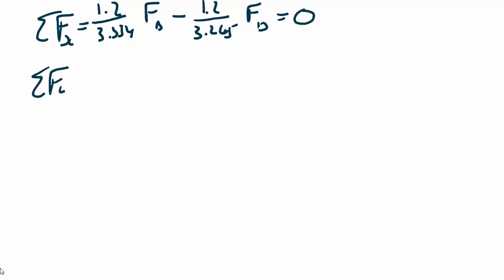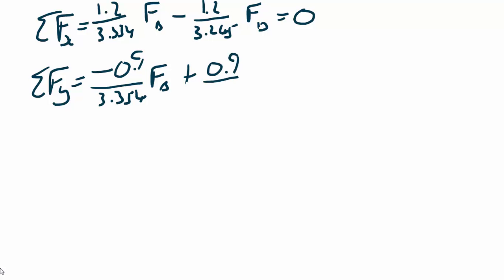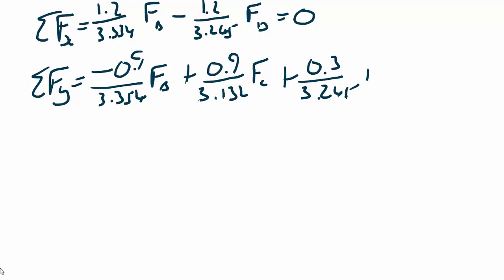In the y direction, we're going to have minus 0.9 over 3.354 FB plus 0.9 over 3.132 FC plus 0.3 over 3.245 FD.